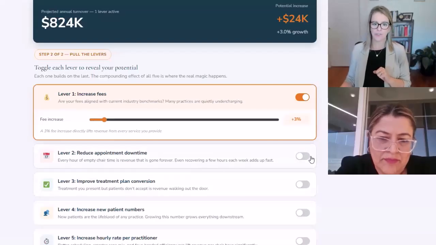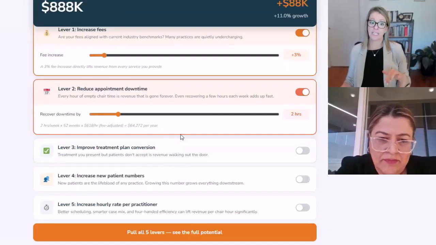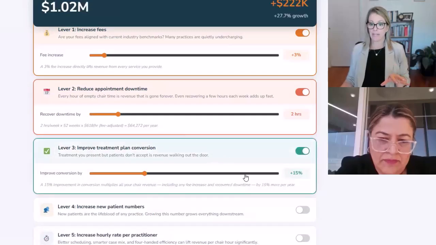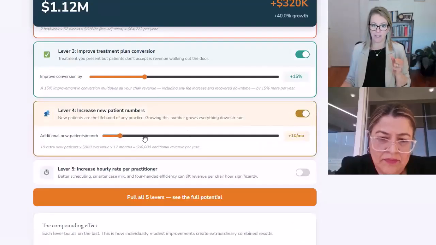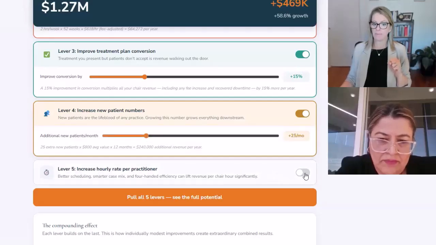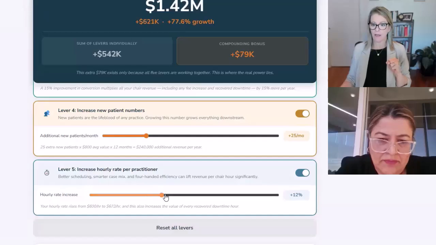And then we're going to reduce the appointment downtime down to 2 hours, improve treatment plan conversion rate, we're going to increase it by 15%, increase new patient numbers, we're going to increase that to 25 per month, and increase the hourly rate per practitioner by, let's say, 15%.